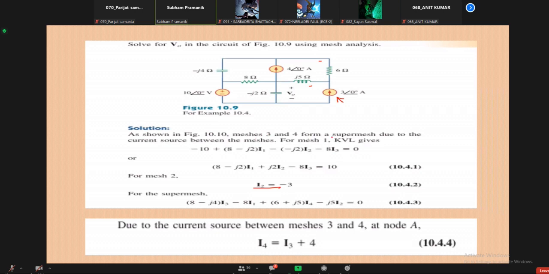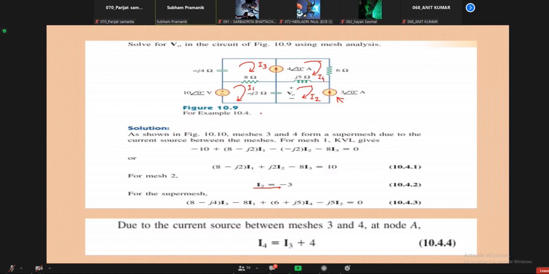Meshes 3 and 4 form a super mesh. So that means they have chosen this loop as I1, this as I2, this as I3, and this as I4.